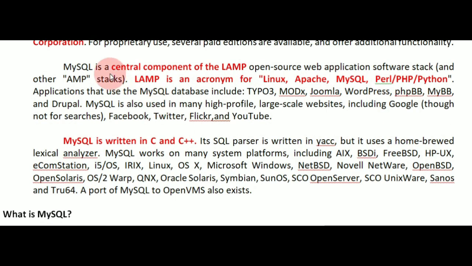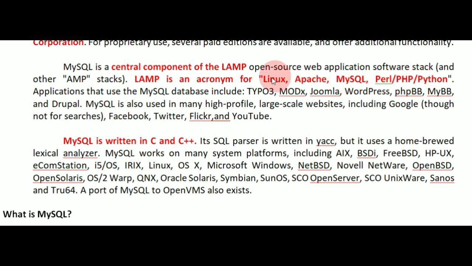Also, MySQL is a central component of LAMP, which is a web application software stack. I have already discussed what LAMP is, what WAMP is, and what the acronyms are in the previous videos, so please check those out. I'll be putting the link in the description box. But for now, LAMP is an acronym for Linux, Apache, MySQL, Perl or PHP or Python.